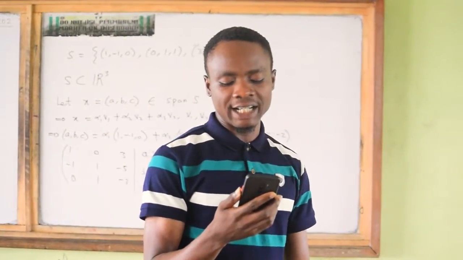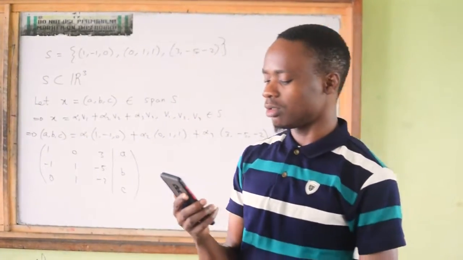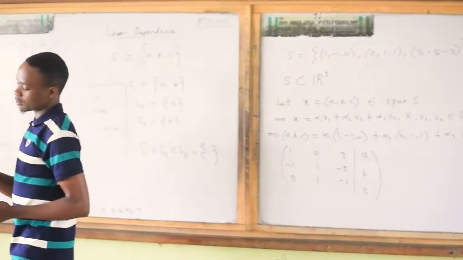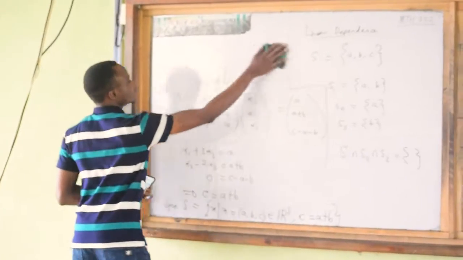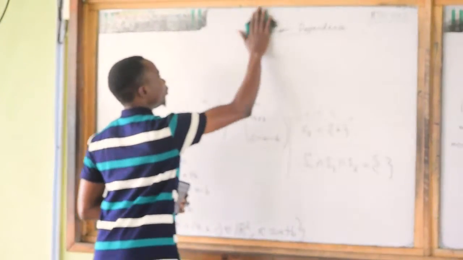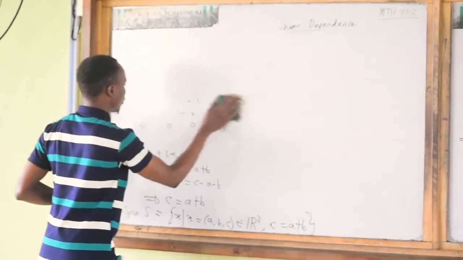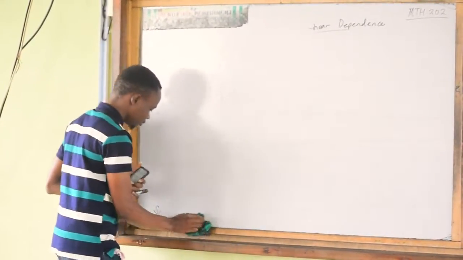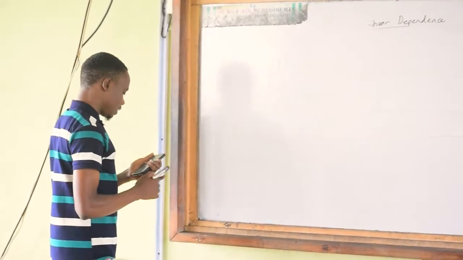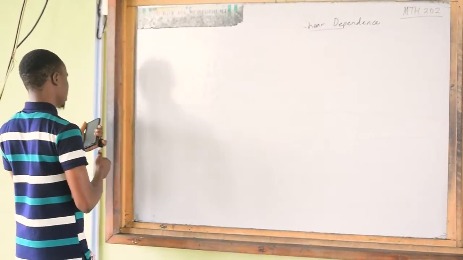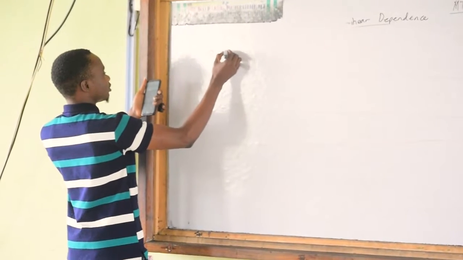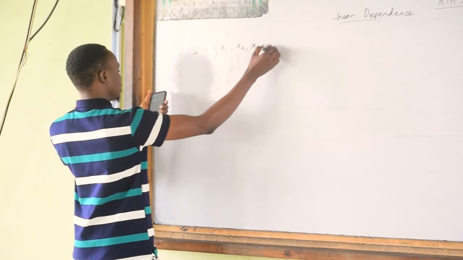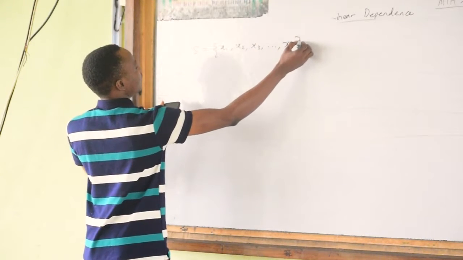When S is a finite set of vectors, S equals x1, x2, x3, and so on, up to xn.